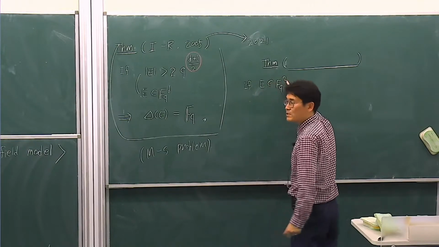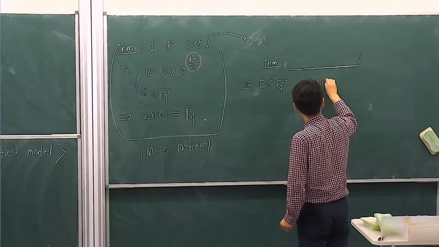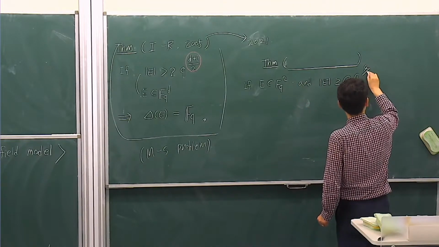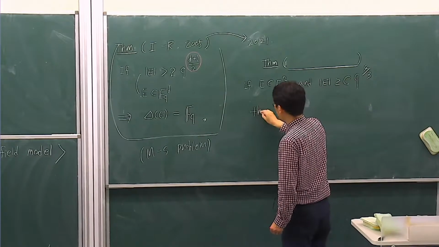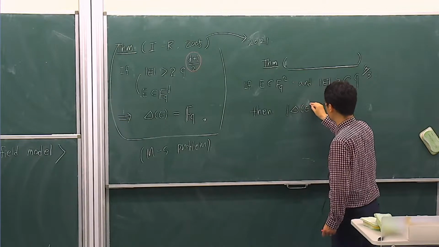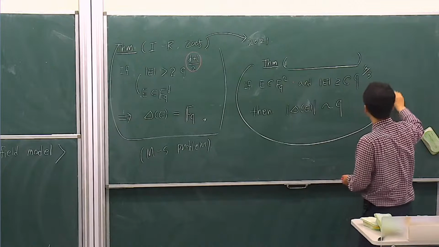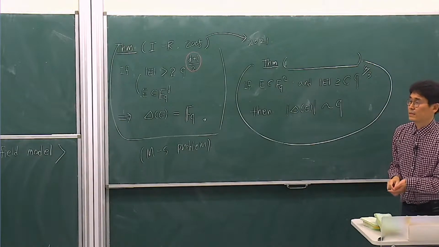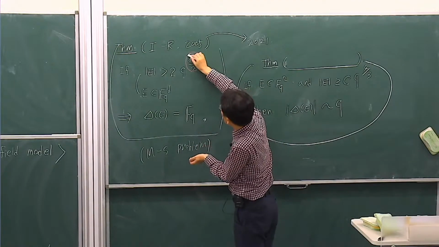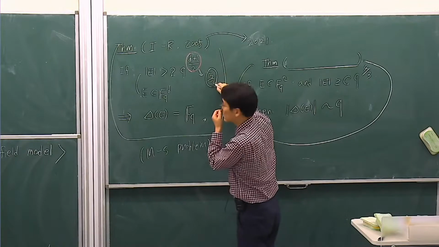In dimension 2, we get a positive proportion of all distances. So if d is 2, this exponent is 2.